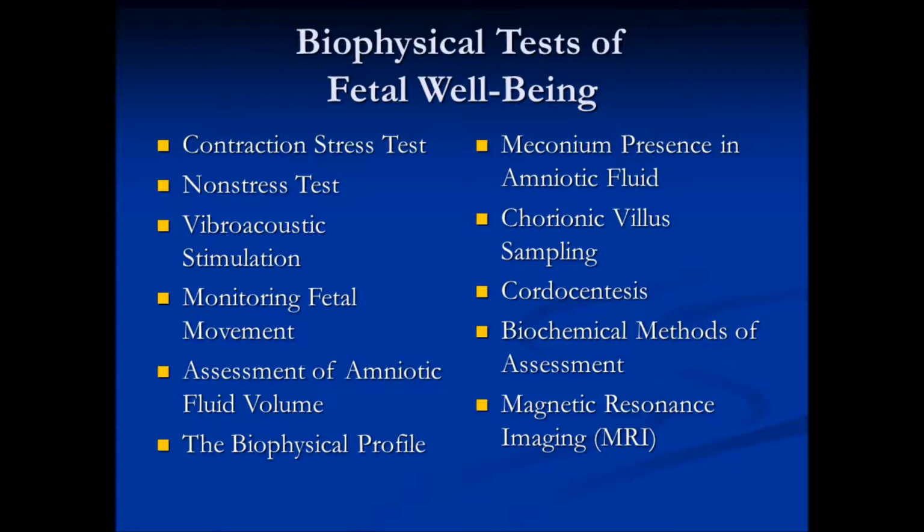This unreliability of saying meconium present equals fetal distress, that is not always the case. This unreliability is based on the fact that low 5-minute APGAR scores are found in only 10% of meconium stained neonates.